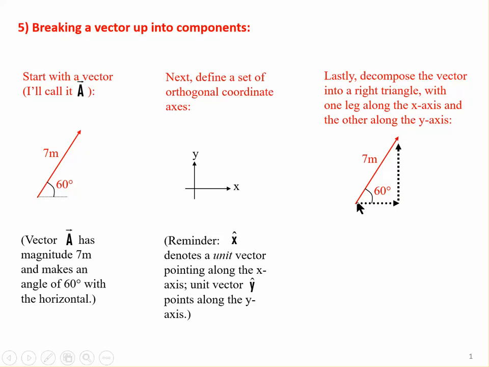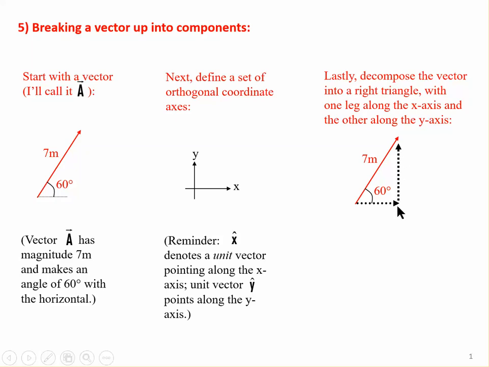Okay? So we're going to write this red vector as the sum of these two black ones. Now the first thing we have to do is figure out the length or the magnitude of this vector here, and then we have to figure out the magnitude of this vector here.